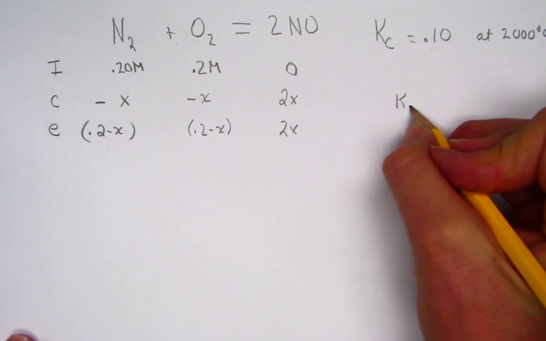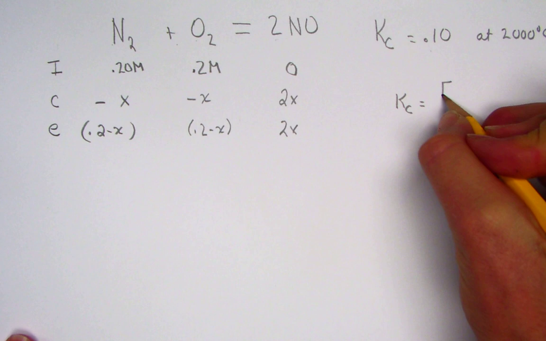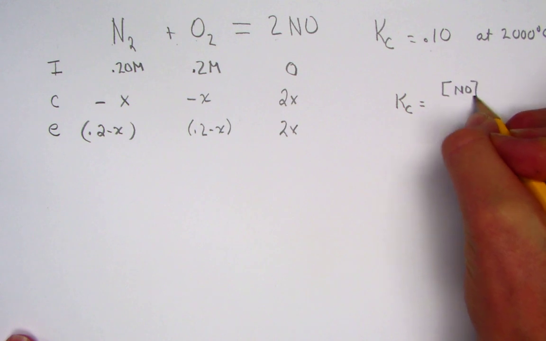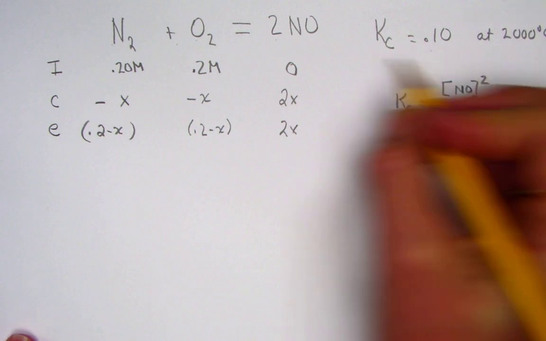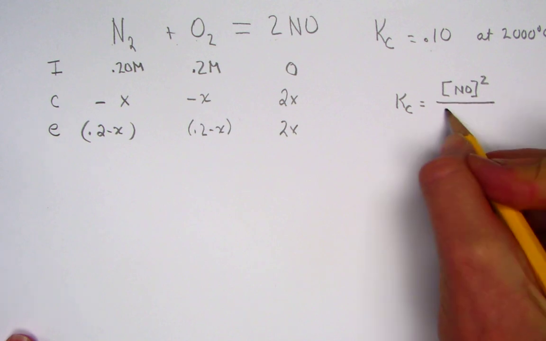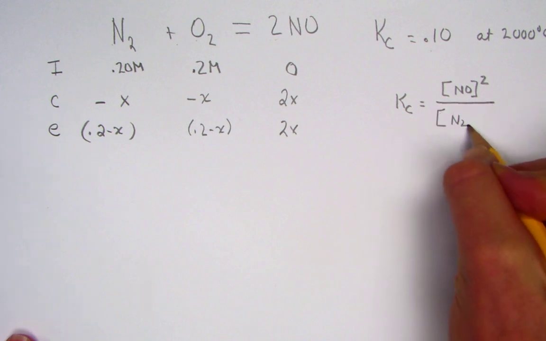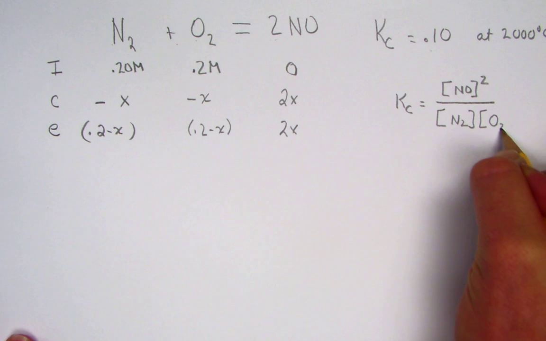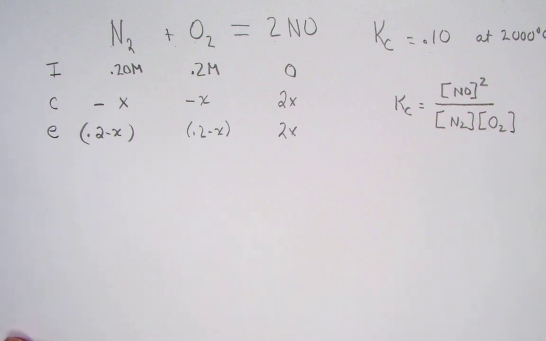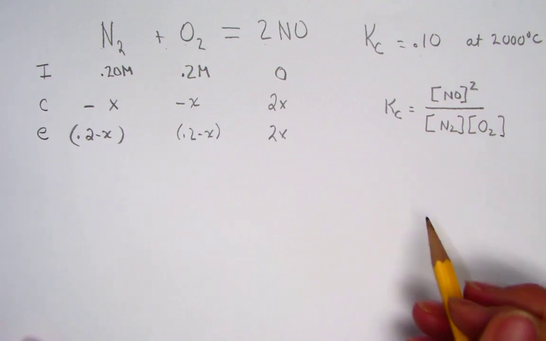The Kc expression will say the concentration of nitrogen monoxide squared, from the coefficient, over the concentration of nitrogen to the first power times the oxygen to the first power. Square the top and we'll multiply the bottom.